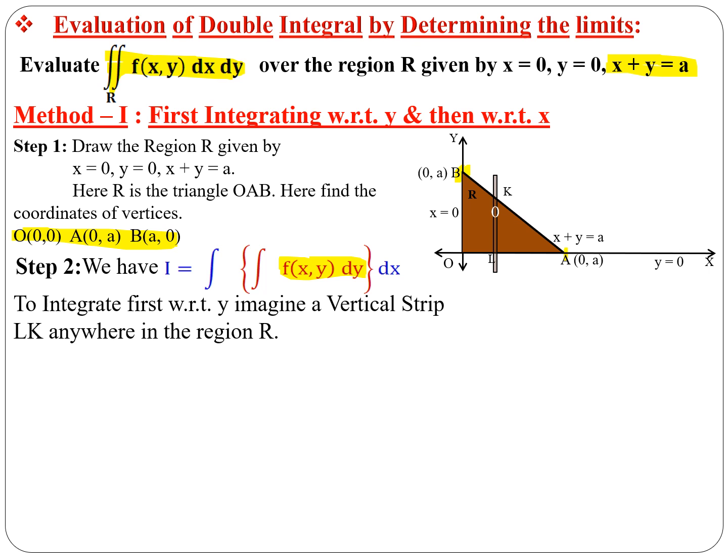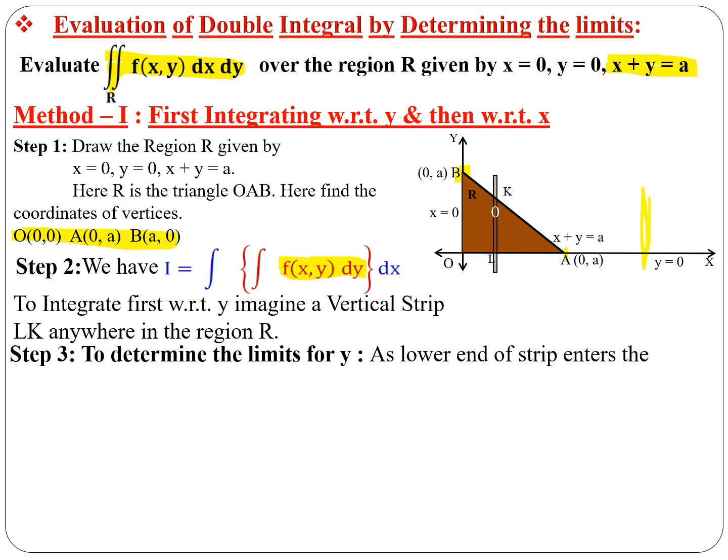Let LK be your vertical strip. You can draw it anywhere, but within the region R. You cannot draw it outside of this region. Then we determine the limit of y first.